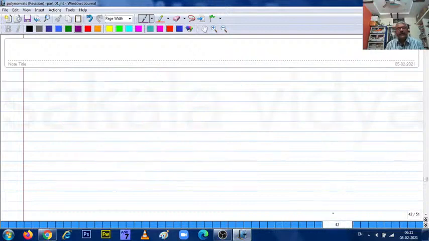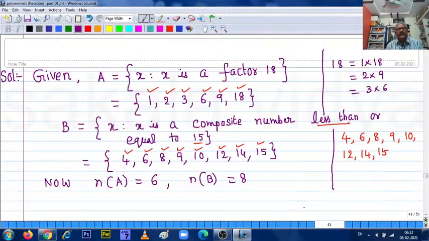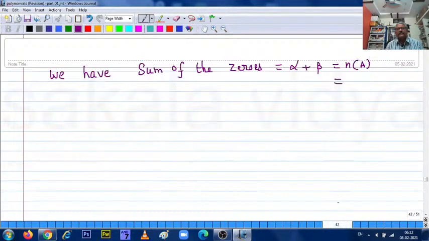According to the problem, the sum of the zeros, say alpha plus beta, equals n of A. n of A is equal to 6. That means alpha plus beta is equal to 6, indirectly given.